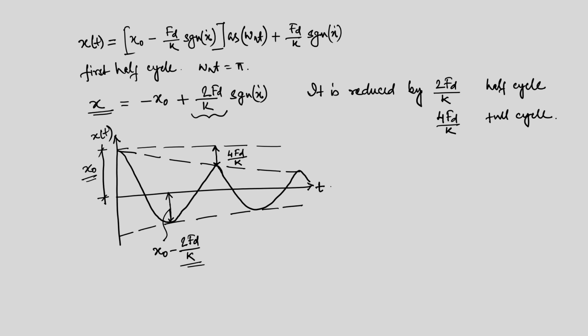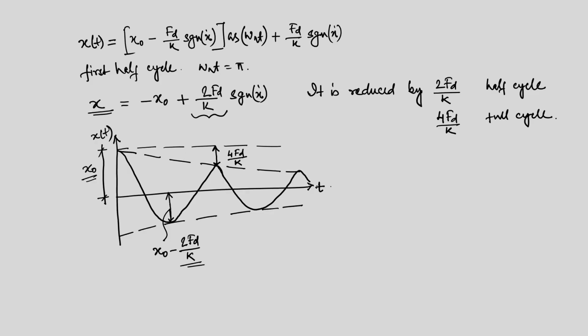So, if we have a Coulomb friction, in this case also again we have exponential decaying sinusoid, we have vibration, but because of the presence of damping, again in this case as t tends to infinity, the response will come to 0, and in every half cycle the amplitude reduction we have by an amount of twice f d by k.